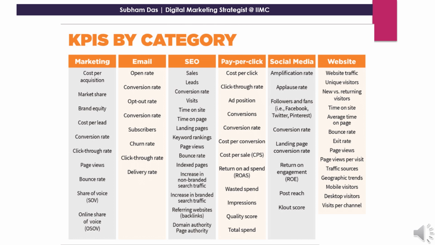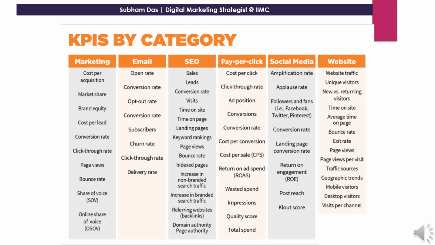The overall inbound marketing, how successful it is, can be measured via cost per acquisition, the market share, the brand equity, cost per lead, etc. Now, in the email element, you can measure it through open rate, conversion rate, opt out rate, subscriber churn rate, click through rate, etc. For the SEO element, you have conversion rate, visits, time on page, landing pages, keyword rankings.